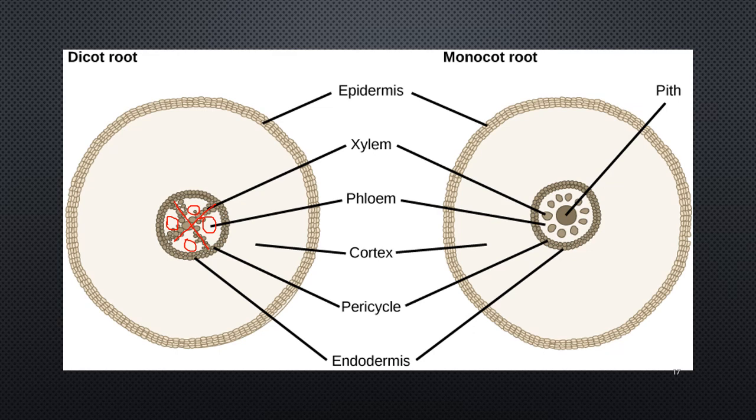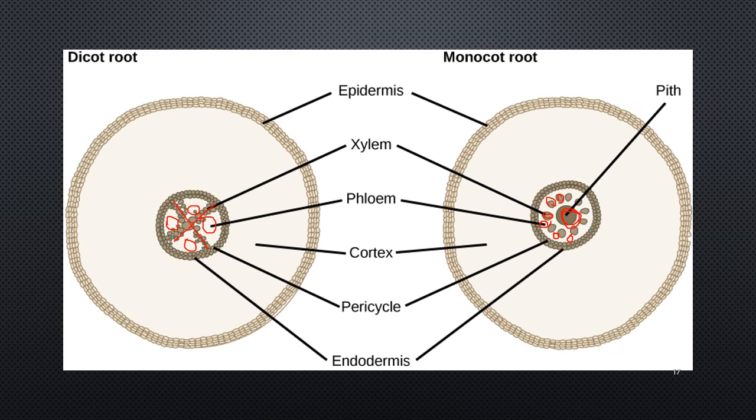In this case, we have circles of xylem, and then phloem is in between the xylem like that. And we have something in the monocot root called a pith that we don't see in the eudicot roots. And that pith is just made up of parenchyma cells, and it can be for food storage.